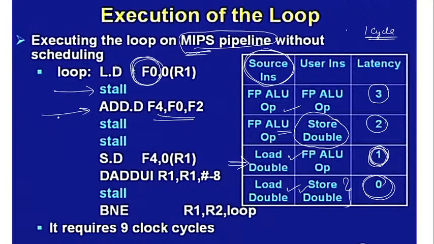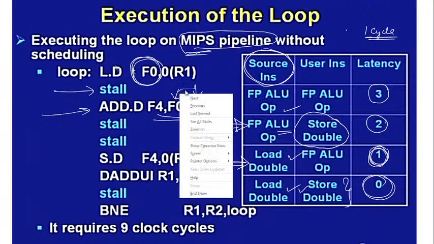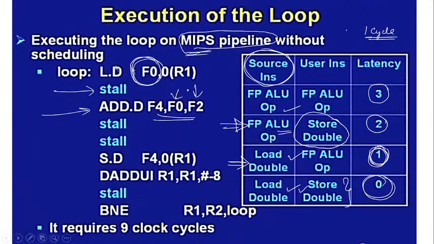Add is an ALU type of instruction, an arithmetic logical instruction, and it performs the addition of F0 and F4 and stores the result into F4. There is also a store operation. Then it takes two clock cycles. Here one clock cycle, here two clock cycles, and for store there is no delay.